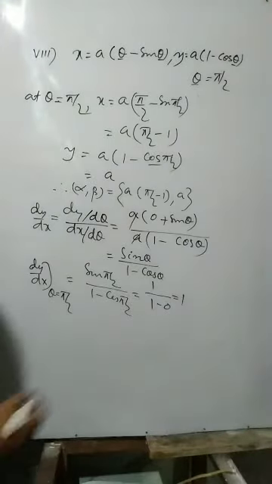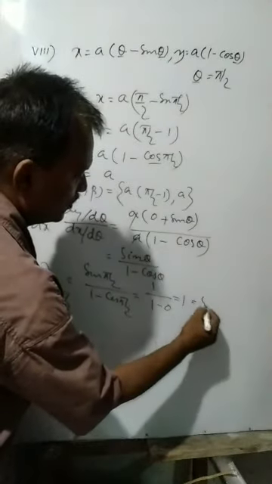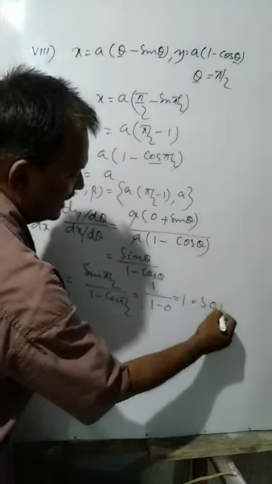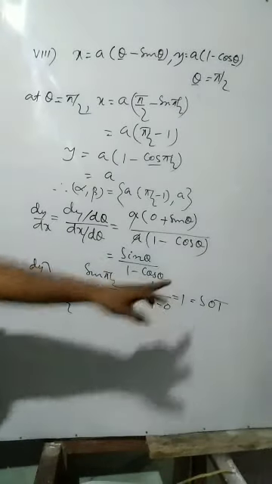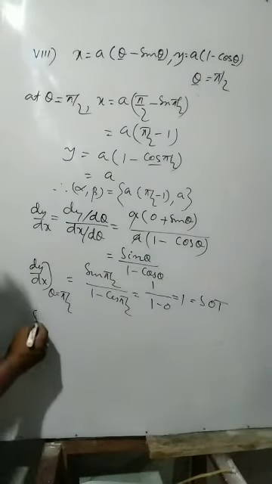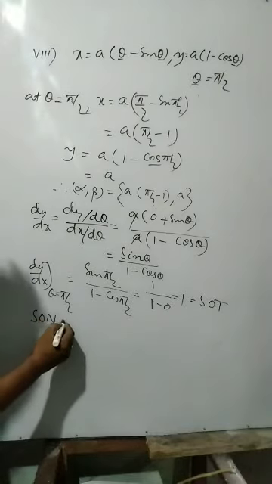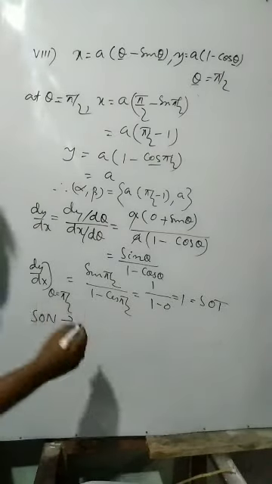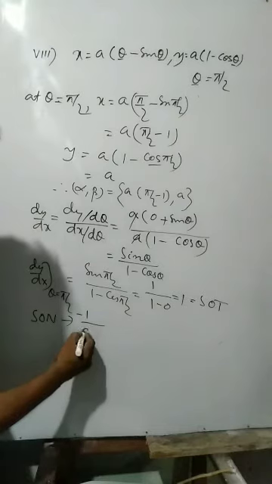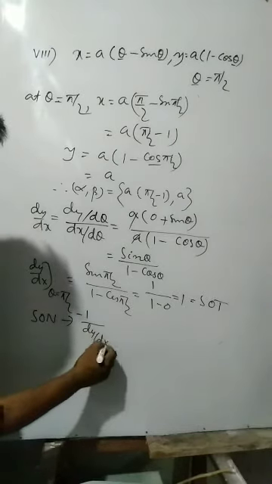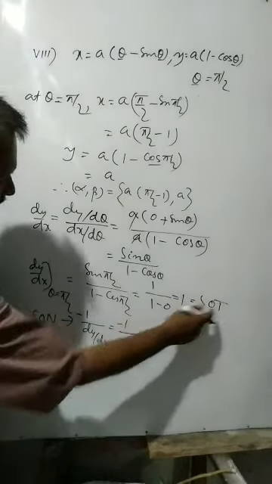So this is the slope of the tangent, SOT means slope of the tangent. Then slope of the normal, SON means slope of the normal. Slope of the normal equal to minus 1 by dy by dx. So minus 1 by dy by dx equal to what came here?